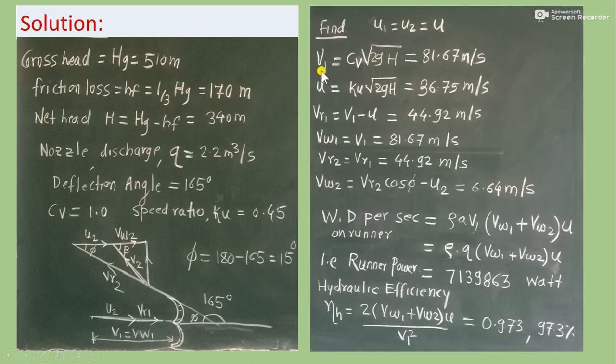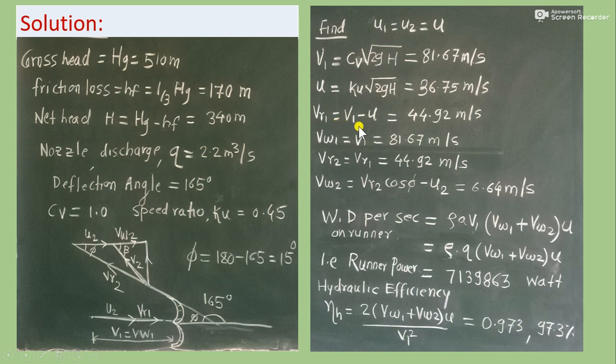So first of all we can calculate as usual V1, because we know Cv and H. So V1 is equal to the value in meter per second. Then we know the value of Ku and H. So U is equal to Ku into square root of 2g, as this formula gives us the value of peripheral velocity.